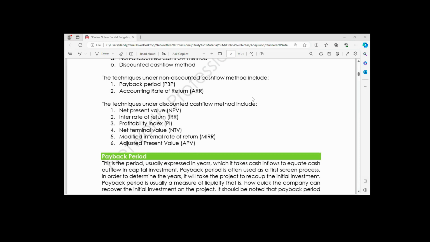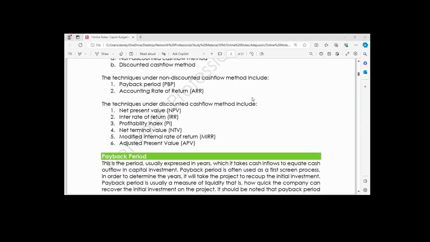Therefore, NPV is defined as the difference between the present value of cash inflow and the present value of cash outflow in capital investments.